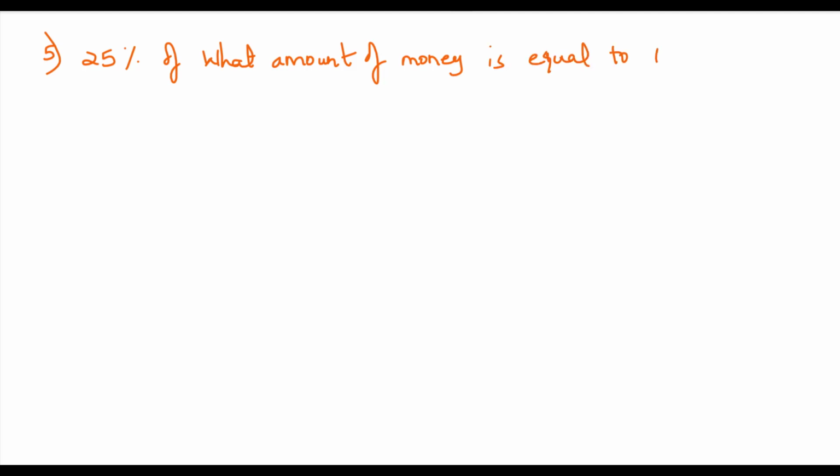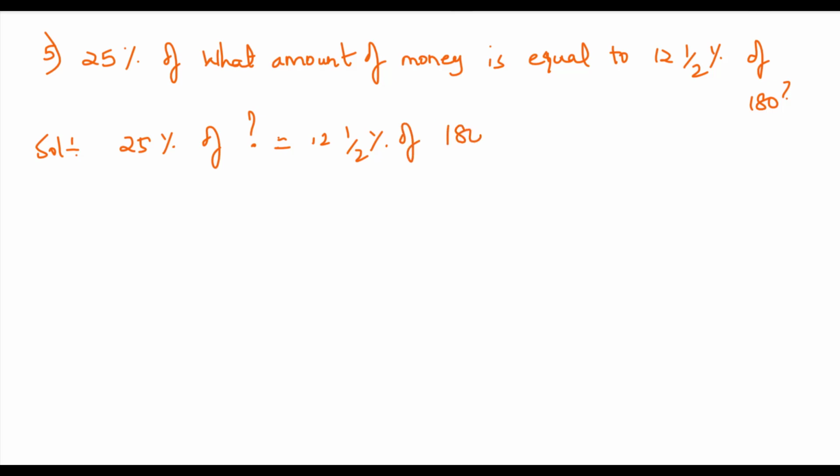Fifth question is, 25% of what amount of money is equal to 12.5% of 180? So from this question we understand that it has asked us to find the amount whose 25% equals 12.5% of 180.